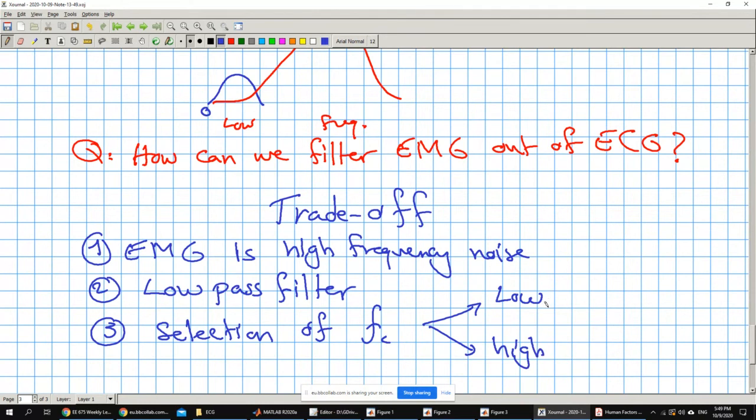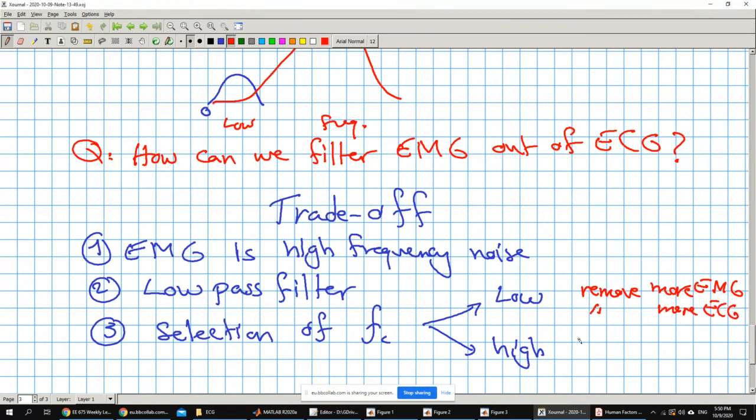If I make it low, this means what? You will remove much of the EMG signal, so remove more EMG, right? But you remove also more ECG.